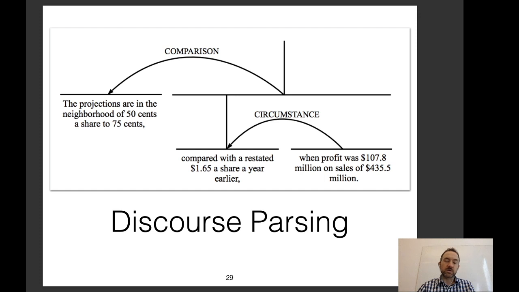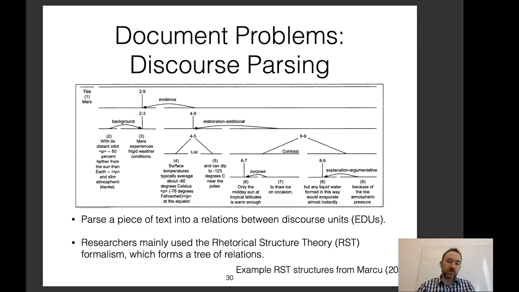Discourse parsing is basically the parsing of an entire document with respect to the type of relations that occur between individual chunks of the document. Specifically, these chunks of the document are called elementary discourse units. And there are relations between them, like, for example, background.